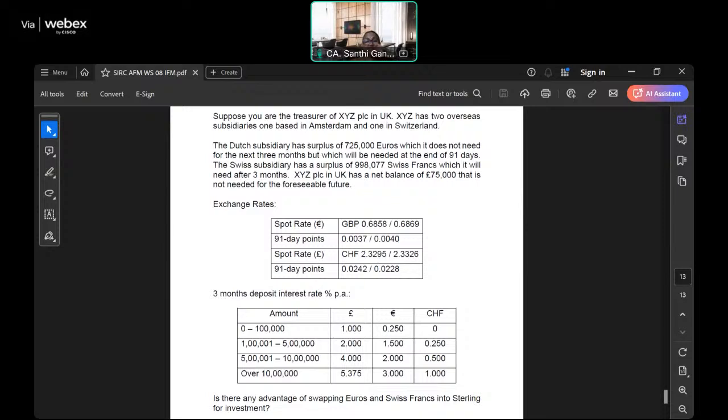Supposing they had worded the question, is there any advantage swapping euros or Swiss francs or both to GBP? Then we should have further explored. Invest euros in Amsterdam and CHF and GBP in London. Invest CHF in Switzerland and euros and GBP in London.